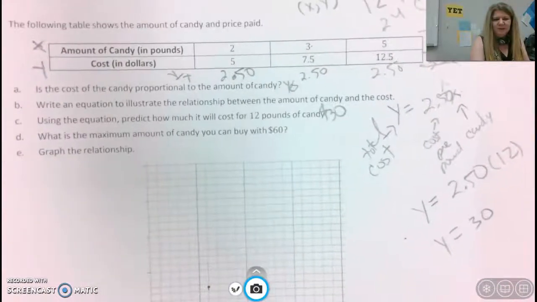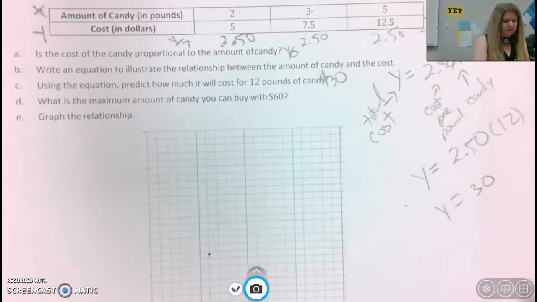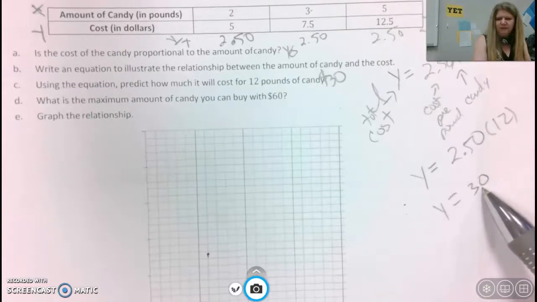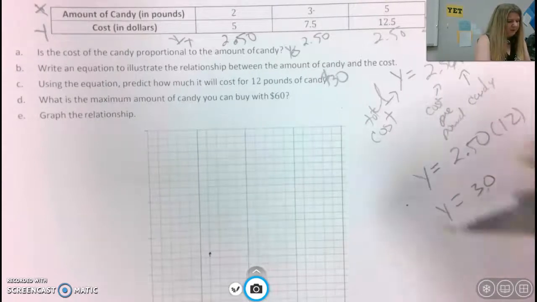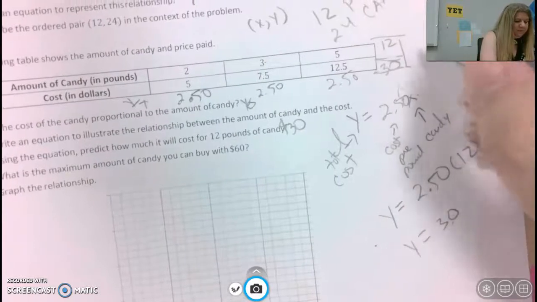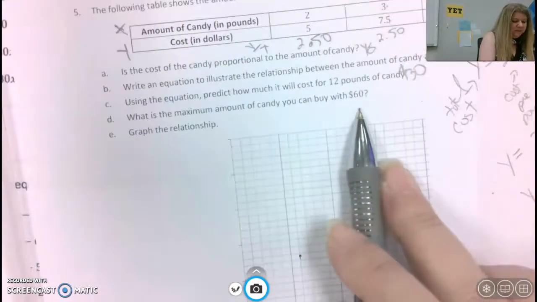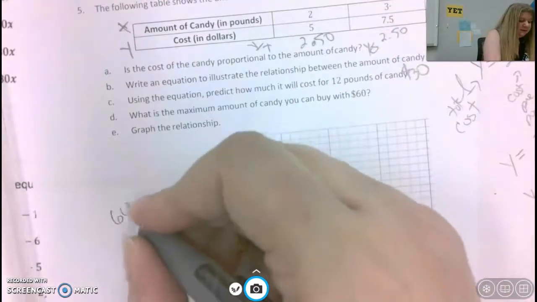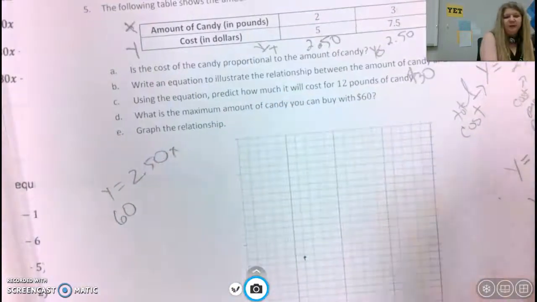Now, what is the maximum amount of candy you can buy with $60? Okay, so I got $30 here. 60 is double that. So if this is 12, that would be 24. But let's use the equation. This is what I think it is. And now I'm going to check it with the equation. So this time I have the cost, which is the y value. This is my equation I wrote.